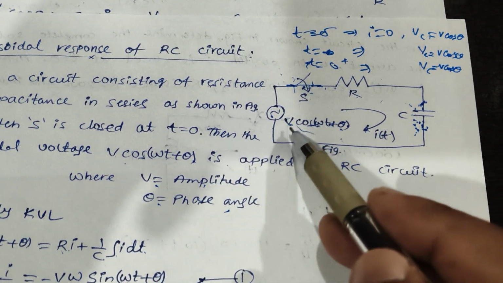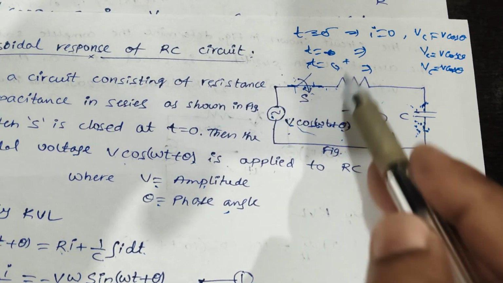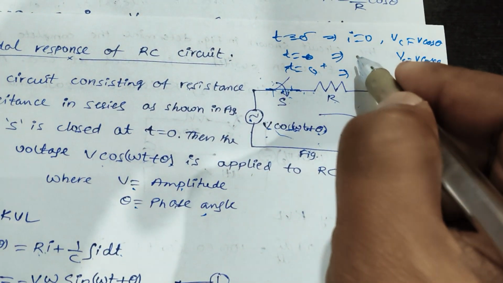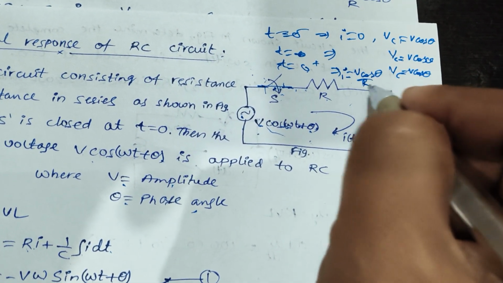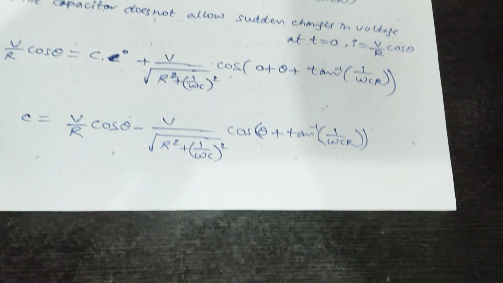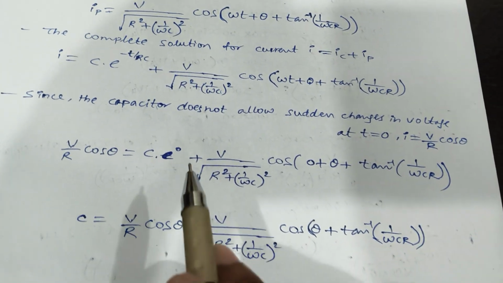I is equal to V cos(omega t) by R. T is nothing but 0, or 0 plus means that is 0 only. So I is equal to V cos theta by R, that is nothing but V by R into cos theta.